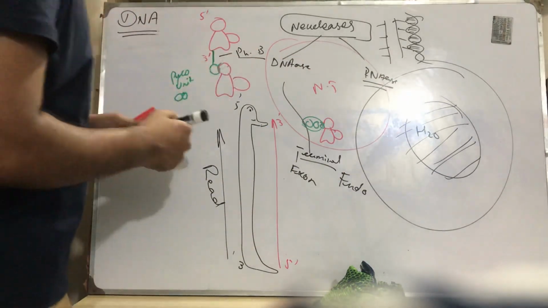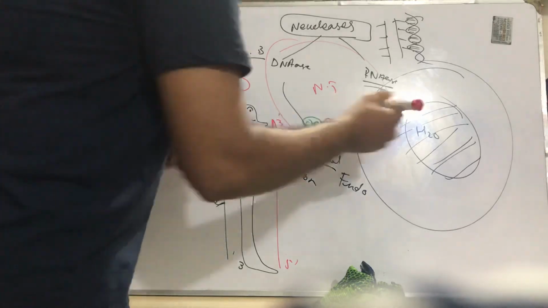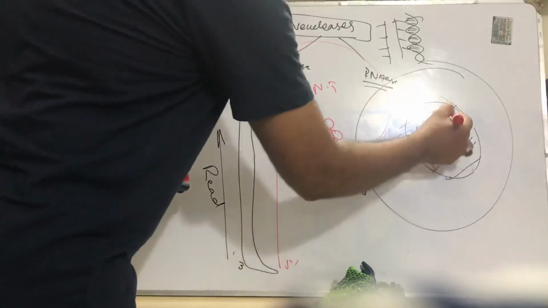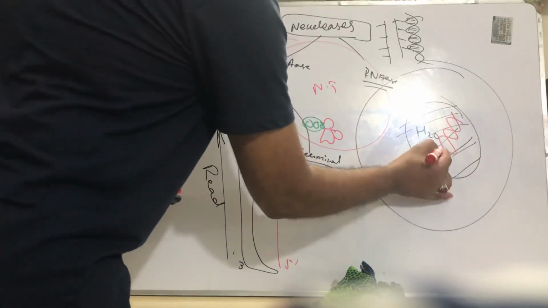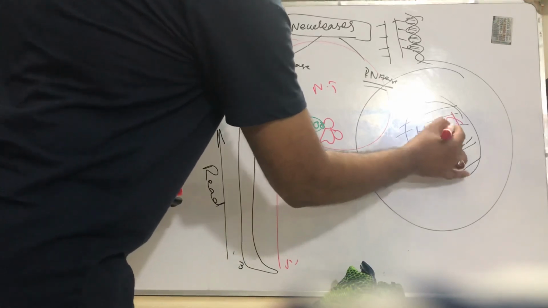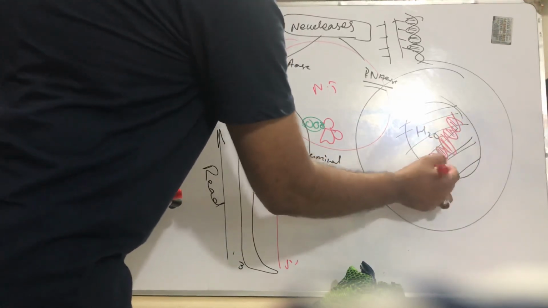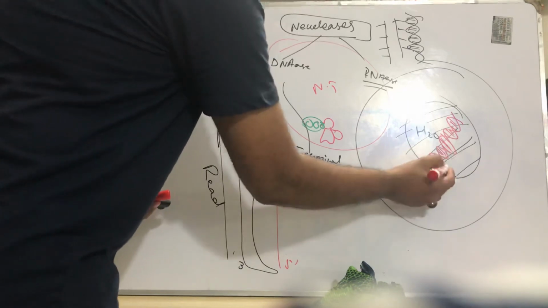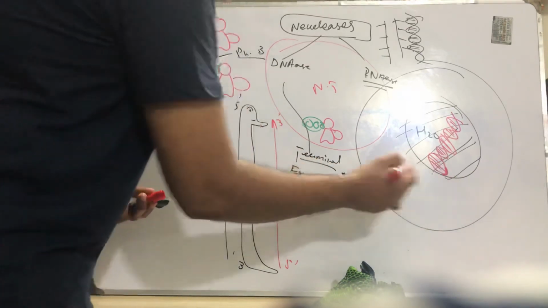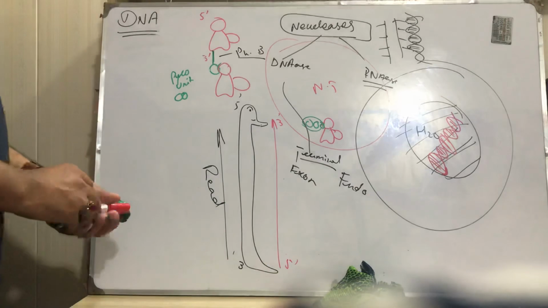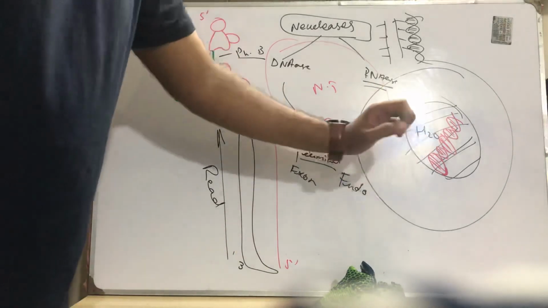Nitrogenous bases are hydrophobic. That's why they are arranged inside the DNA, inside the phosphate backbone. And you know, phosphate is a polar compound, and this backbone is hydrophilic. That's why we have this arrangement of the DNA.